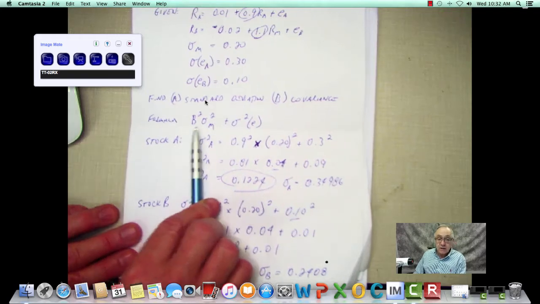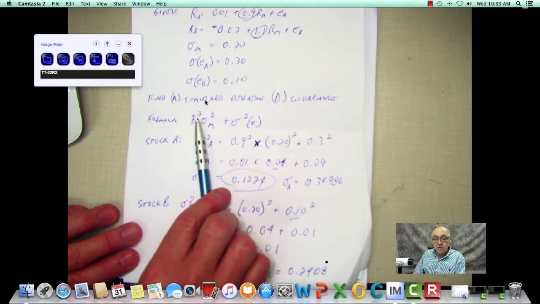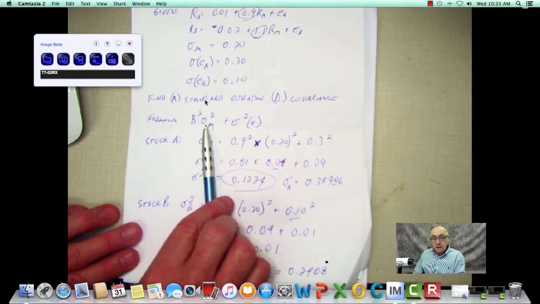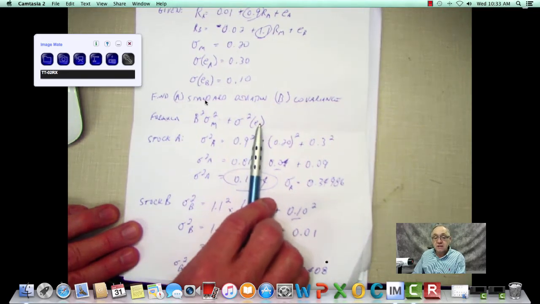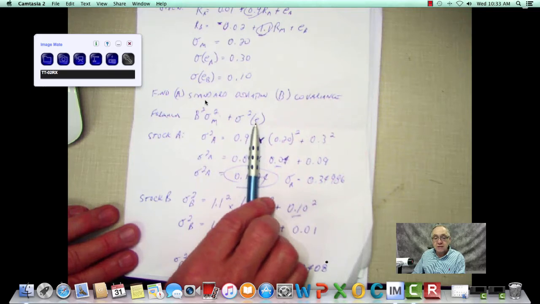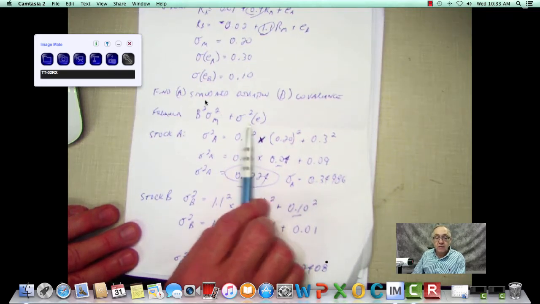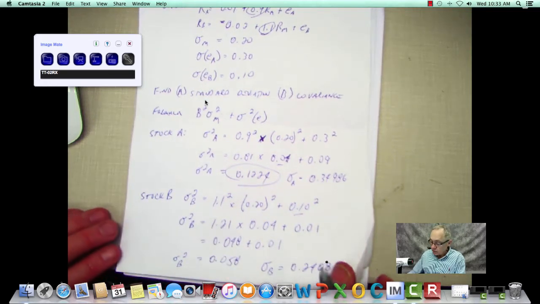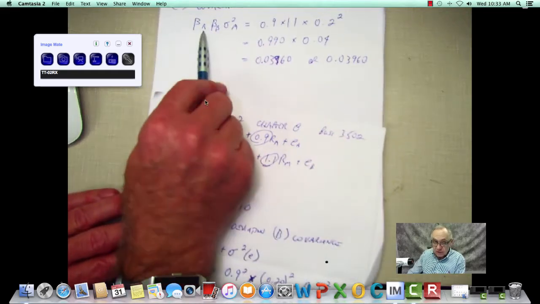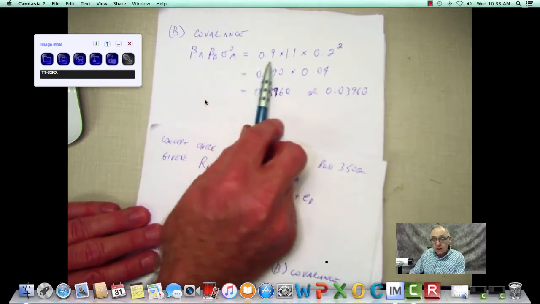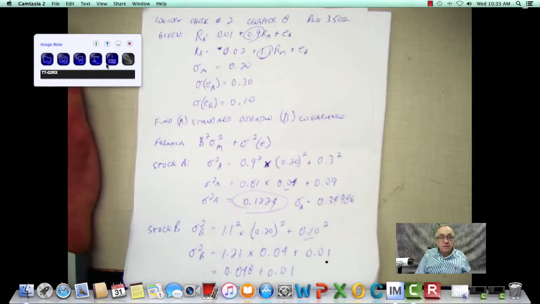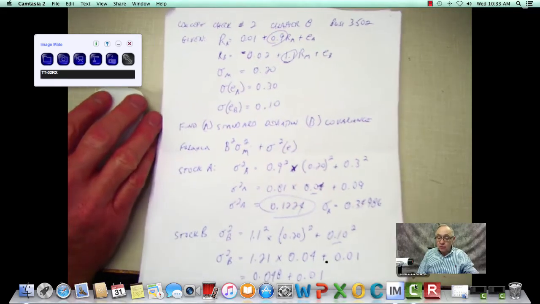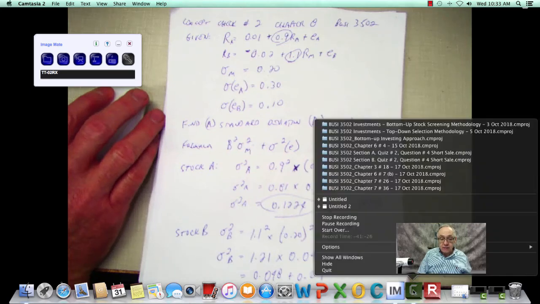The formula is beta squared of the stock times the variance of the market plus the variance of the unique, or unsystematic, risk for the company. Stock A, stock B, and we use that with this formula to derive covariance. So that's it for Concept Check number 2. Let's do number 3, then we'll look at some other problems.